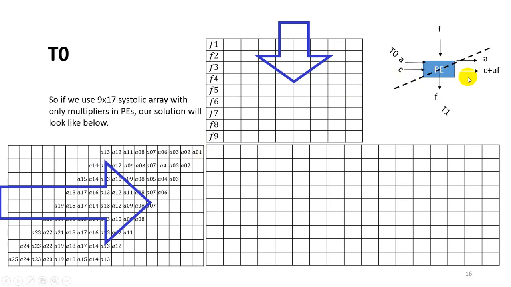C will be just the multiplication, and we will get A multiplied by F as an output. Otherwise we can have an accumulator inside this processing element, which is adding one by one, or we can have an accumulator at the end of this array to add all the outputs that are coming out.